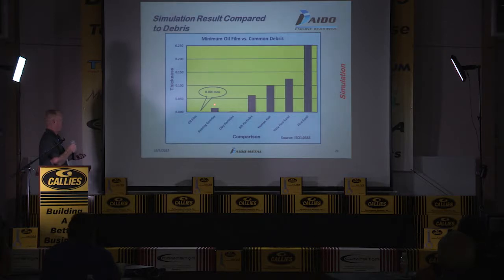The bearing overlay itself, the part that's actually supposed to absorb any of these materials, is usually around 15 to 20 microns thick. So when you start to look at silt particles, hair, very fine sand, these particles are well beyond the thickness of the overlay. And these are the different things that are going to cause some damage in your engine whenever it's assembled if they find their way into the oil system.